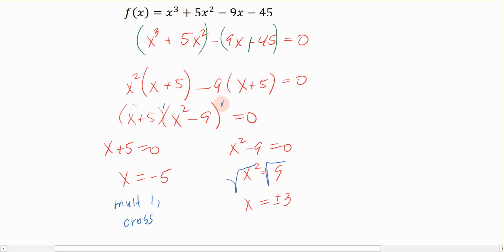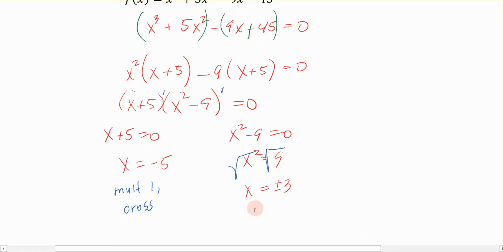So we know that from this factor we have 2 places it crosses the x-axis at positive and negative 3, and because the multiplicity on this factor is 1, then we are going to again cross at positive and negative 3. Don't fall for the fact that this is a 2 on the inside of your factor. Be sure that you're looking for the exponent on your parentheses, and that's going to tell you the multiplicity.